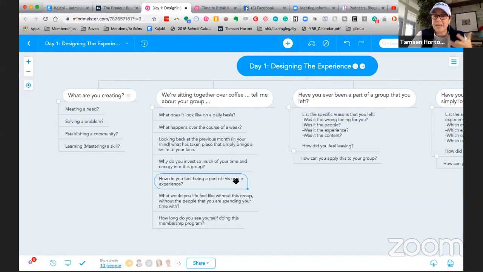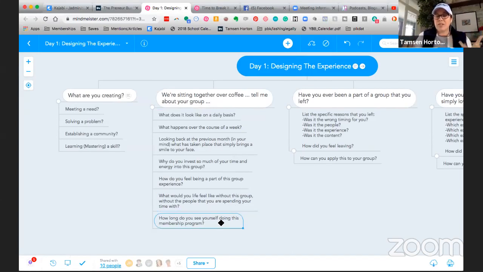How do you feel being a part of the group? Because even when you're the host or the creator, you still become part of the atmosphere, for sure. So how does that make you feel when you're thinking about it? What would it feel like without the group, without these people that you're spending your time with?